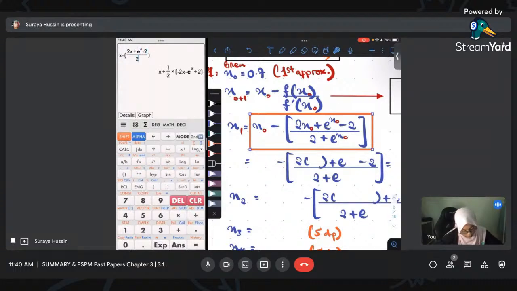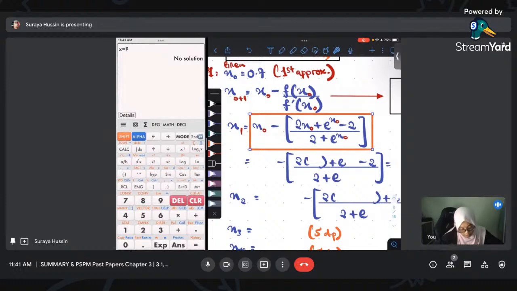Bawah ni 2 plus exponent to the power of alpha x. Okay, you double check. Your equation must be the same as this. And then tekan calculate. Okay. No solution. Jangan kisah pasal no solution tu.